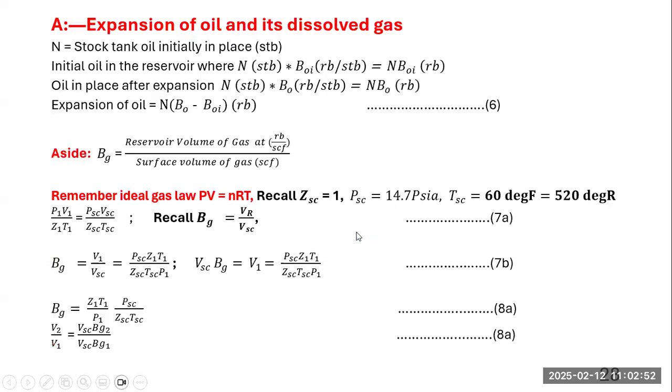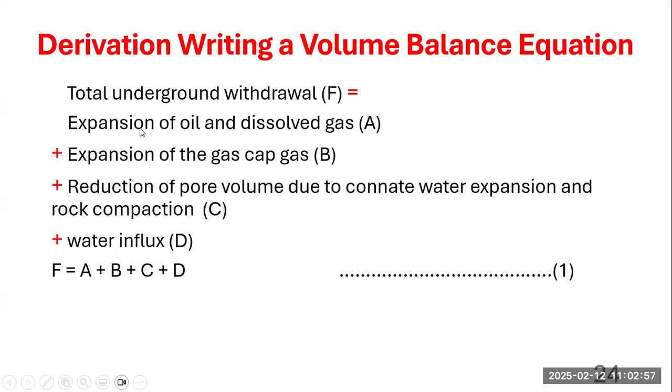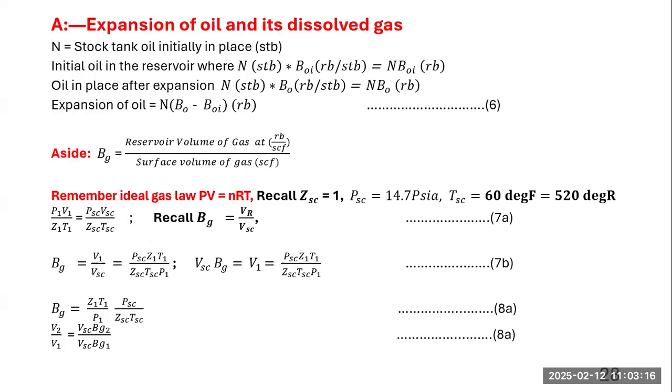Who can guess, that's your A that you have here. We have looked at the total underground withdrawal, which is our F. We have looked at the expansion of oil and its dissolved gas, which is our A. Now we are going to the expansion of the gas cap gas, which is our B. Okay, so I'll run to the slide.